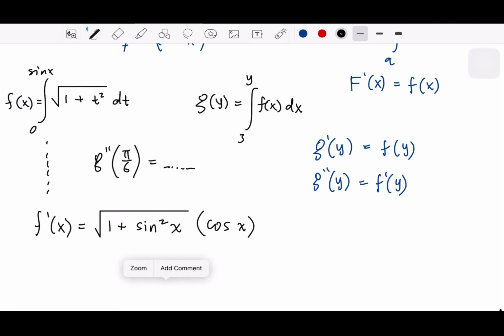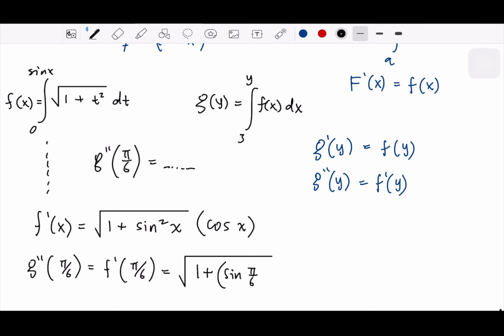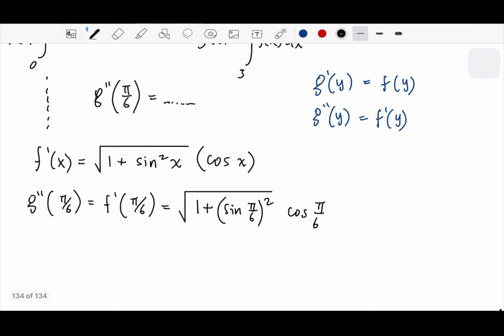So g double prime of pi over 6 is equal to f prime of pi over 6, and this will be 1 plus sine pi over 6 squared, times cosine pi over 6. Sine pi over 6 is a half, so squared it's 1 over 4, so it's square root of 5 over 4. And cosine pi over 6 is square root of 3 over 2. Or we could write this as square root of 15 over 4.